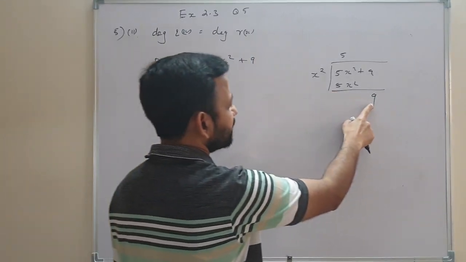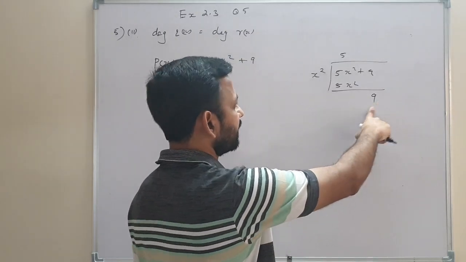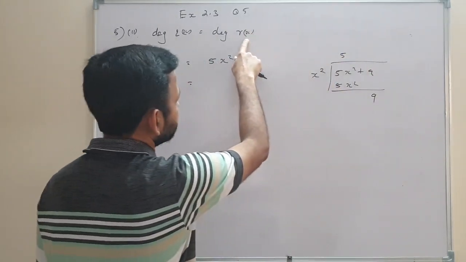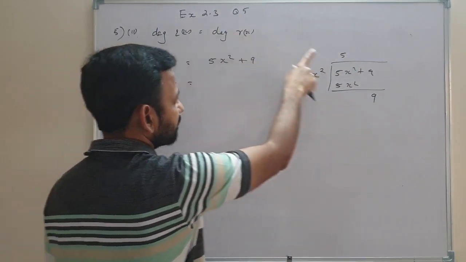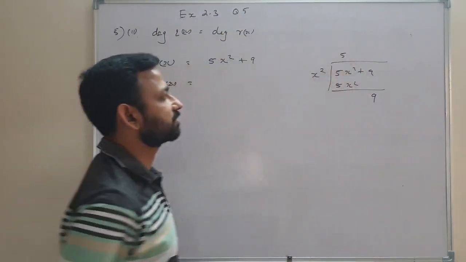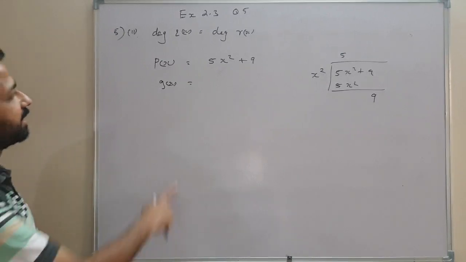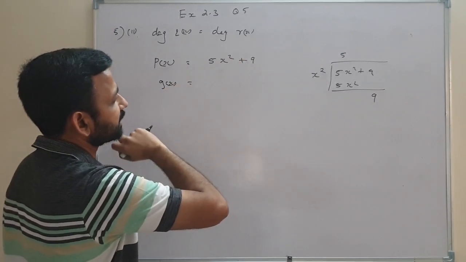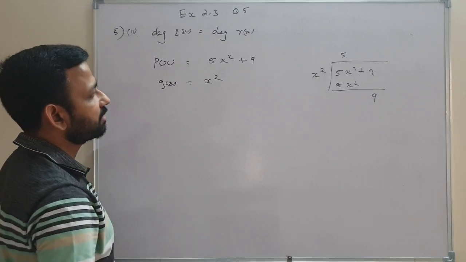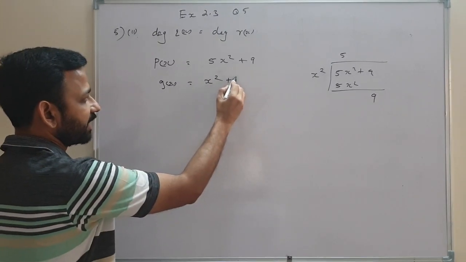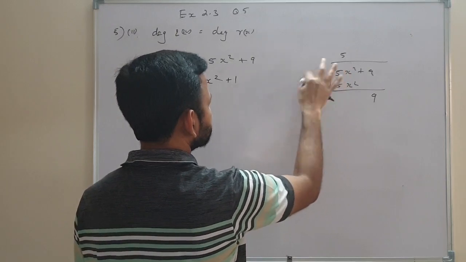Here the degree of the remainder is 0, and the degree of the quotient is also 0. So we can take p(x) = 5x² + 9, and g(x) = x², or we can take x² + 1. We take x² + 1 here.